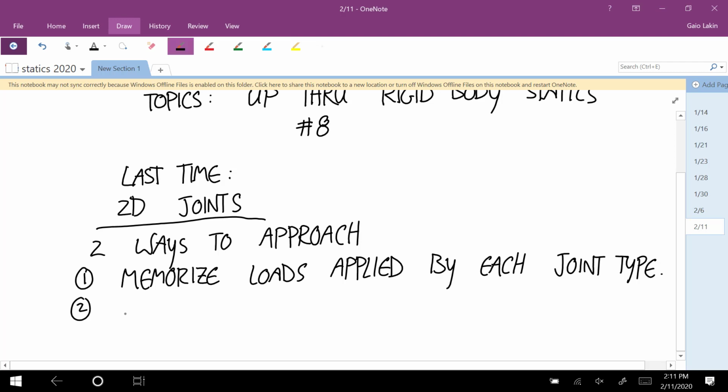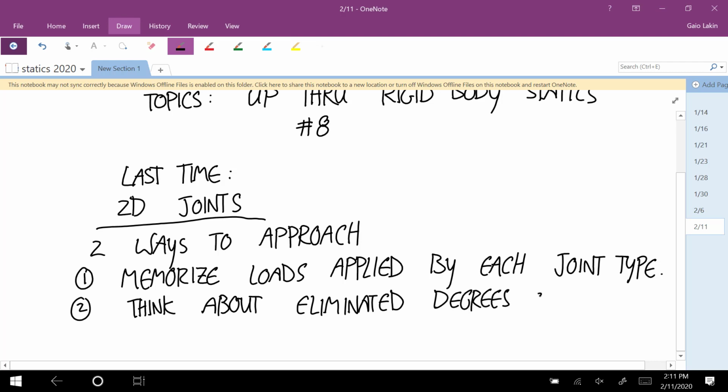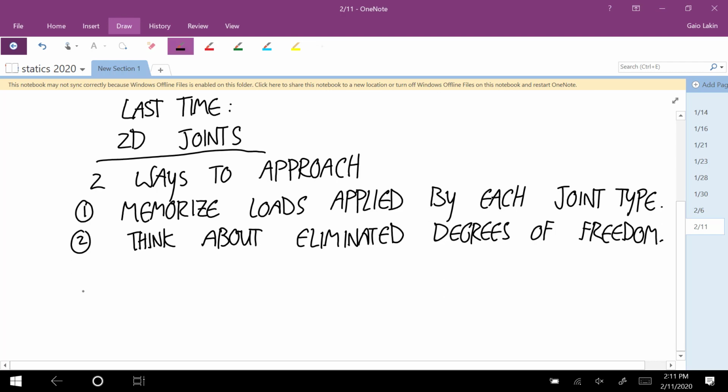So you could also think about the eliminated degrees of freedom.